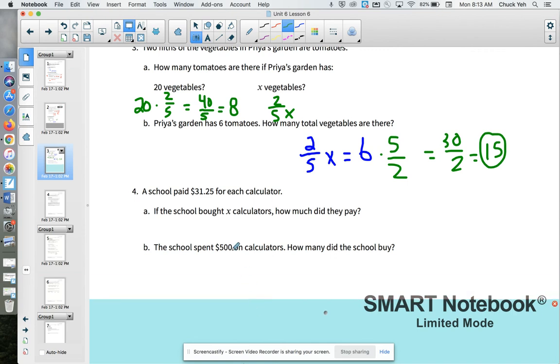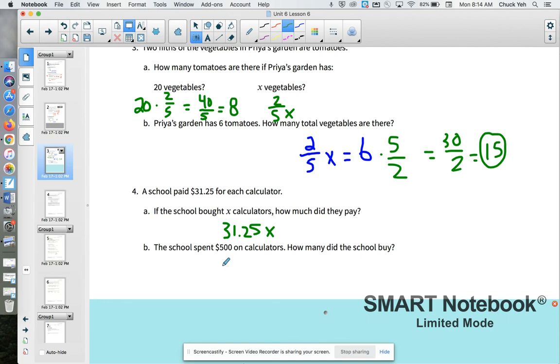A school paid $31.25 for each calculator. The school bought X calculators. How much did they pay? 31.25 times X, right? Because we're going to multiply it. The school spent $500 on calculators. How many does the school buy? So 500 divided by 31.25.